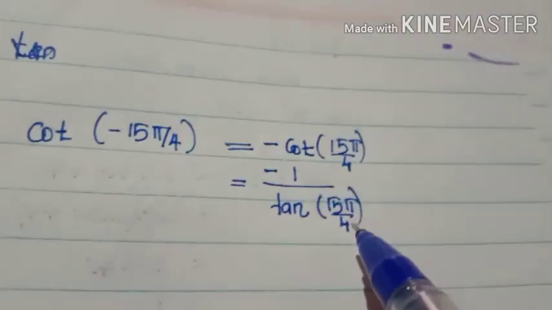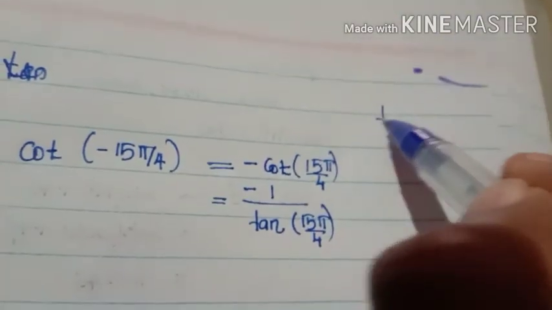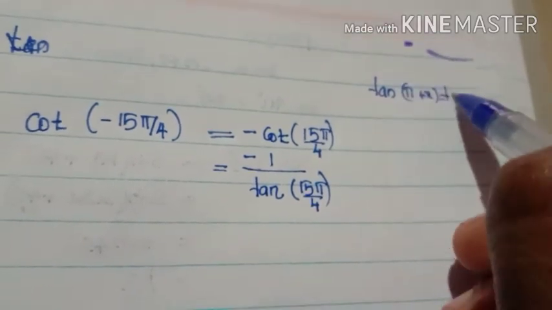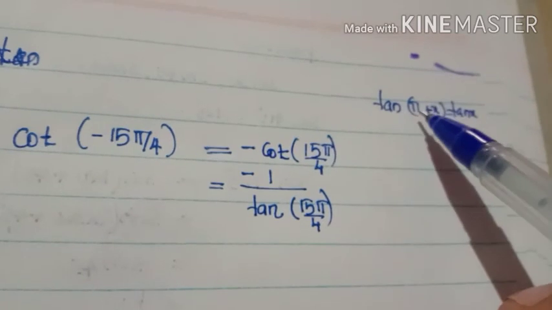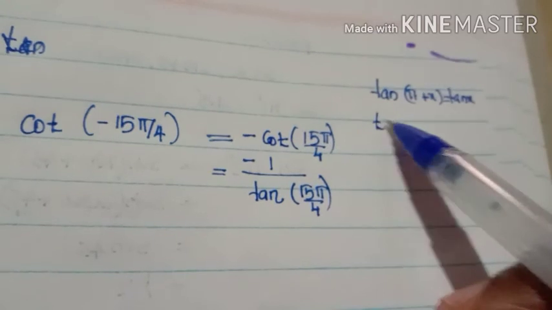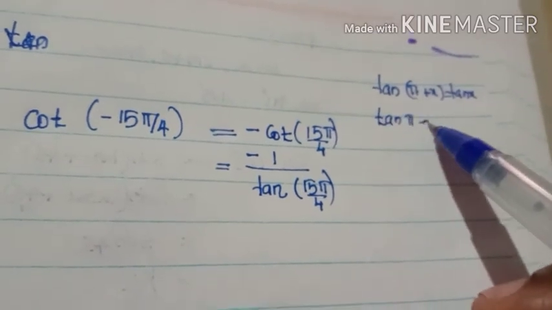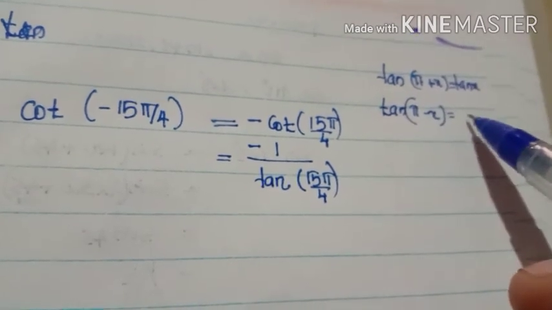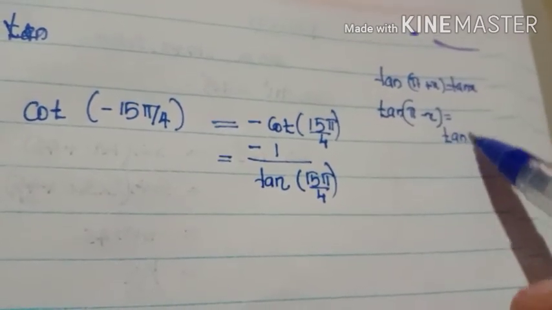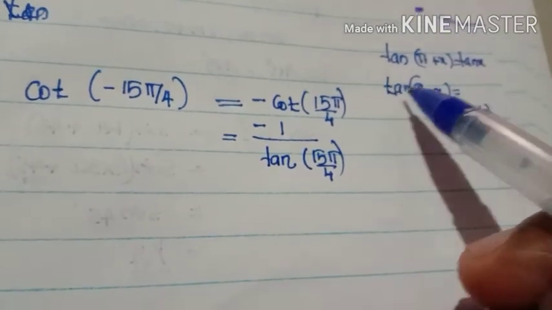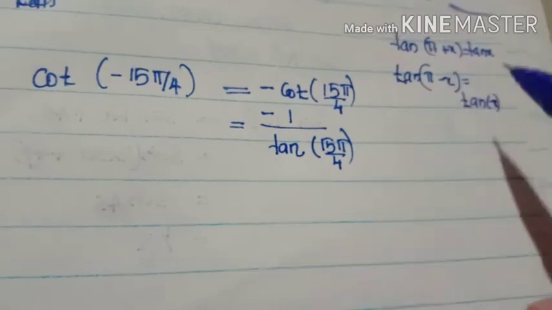Okay. Now you have to convert this 15 pi by 4 and use the result tan(pi plus x) equals tan x. Here you can consider pi, 2 pi, 3 pi, 4 pi, whatever it is, no problem. Tan(pi minus x): what is it? Tan(pi minus x) is tan of minus x. Write the ratio with the acute angle.